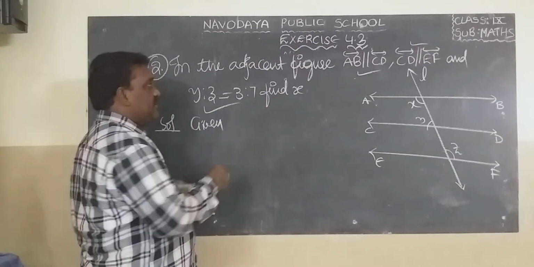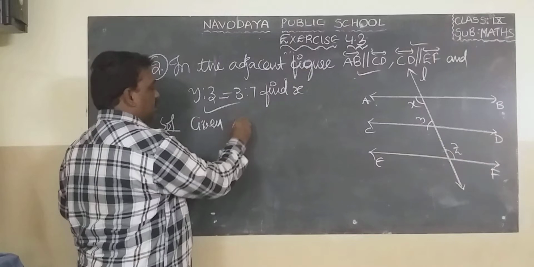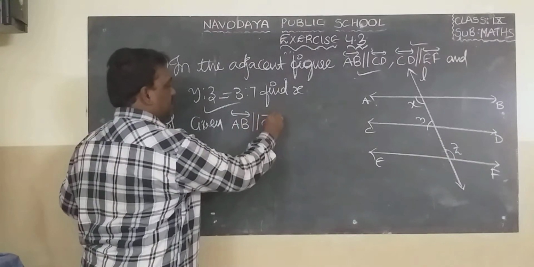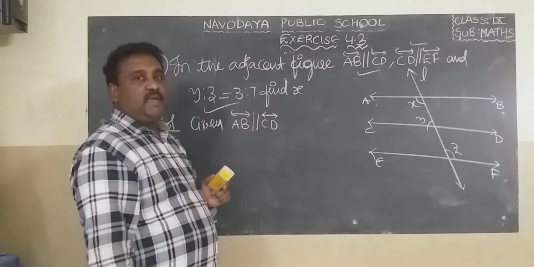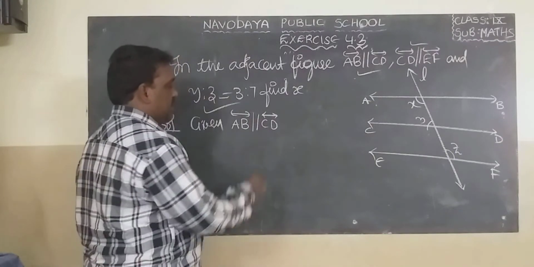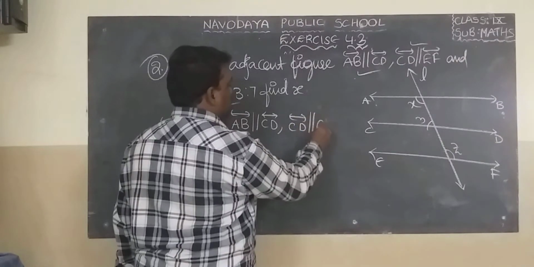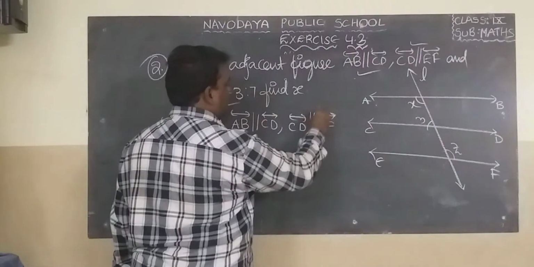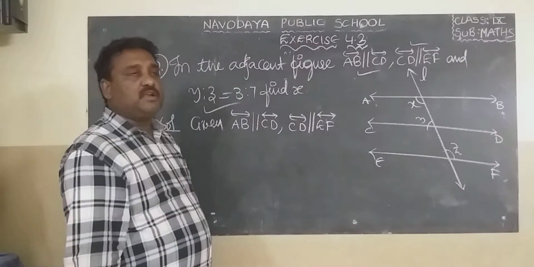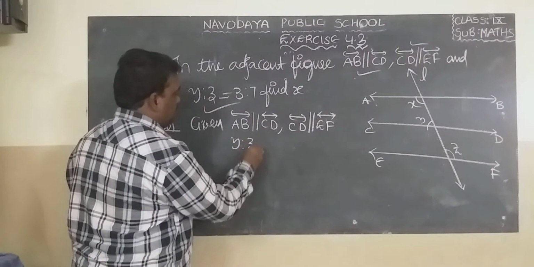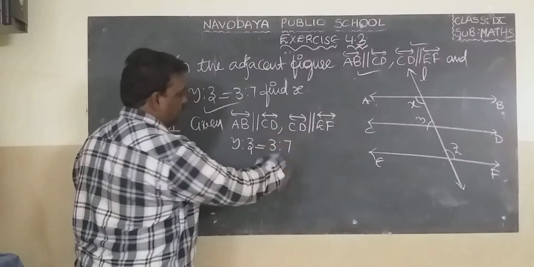So write the information given. What is given? AB parallel to CD, CD parallel to EF. Next, y is to z equal to 3 is to 7.